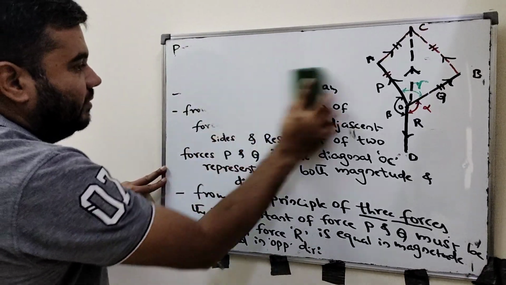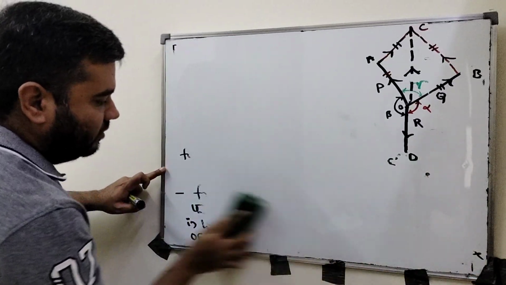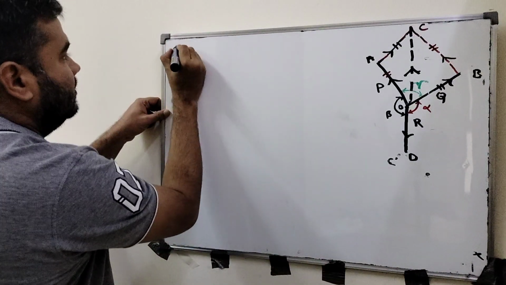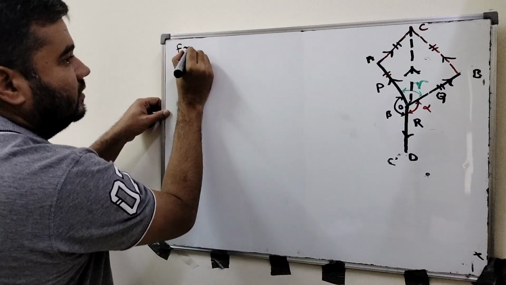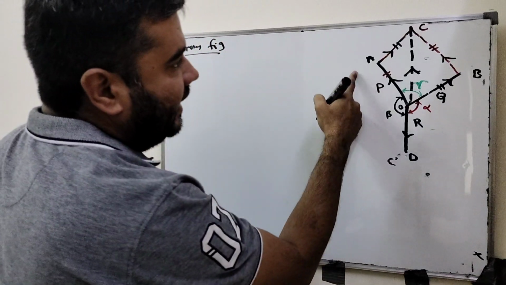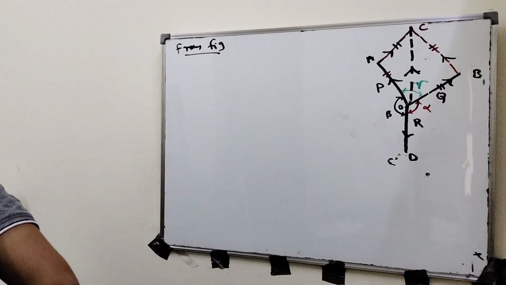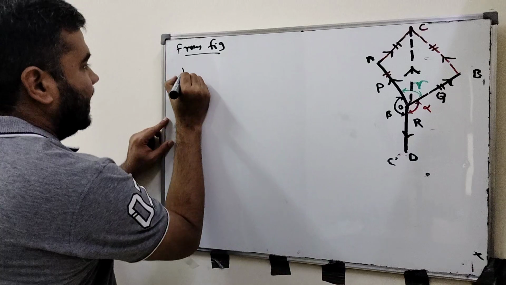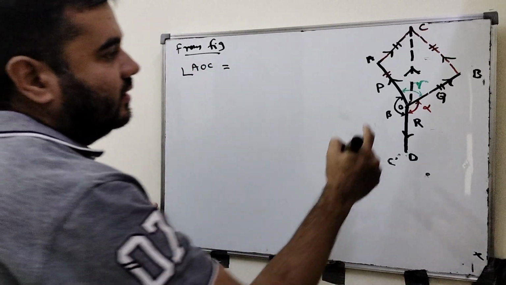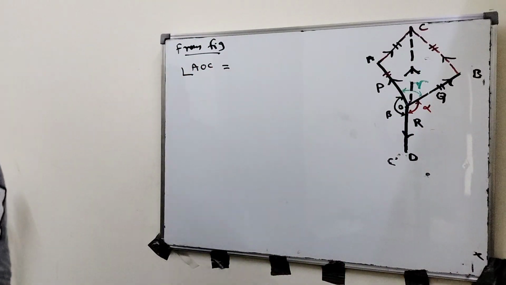Now we'll go for the geometry. According to the figure, consider angle AOC. What is angle AOC? Angle AOC equals 180 minus beta.